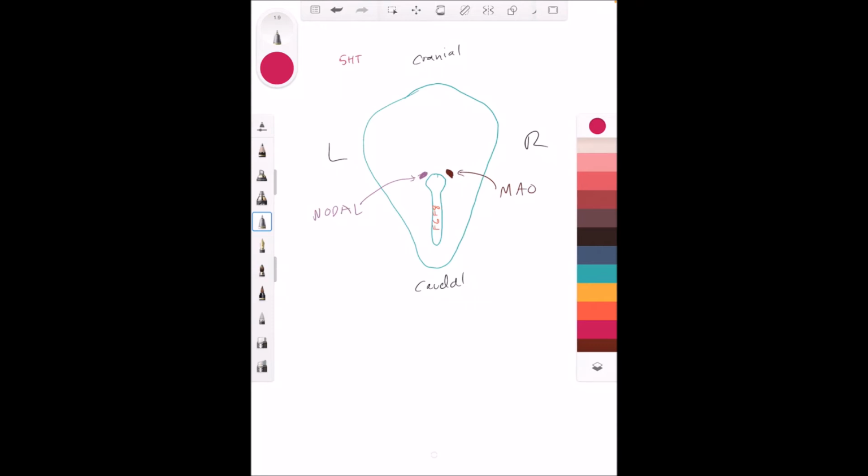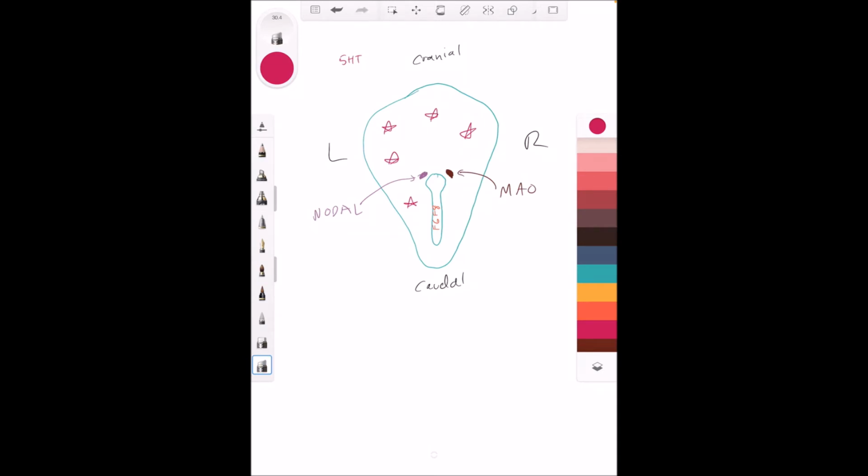Serotonin is going to be expressed initially everywhere throughout the ectoderm or throughout the embryo. But the monoamine oxidase is going to selectively degrade the serotonin on the right side.